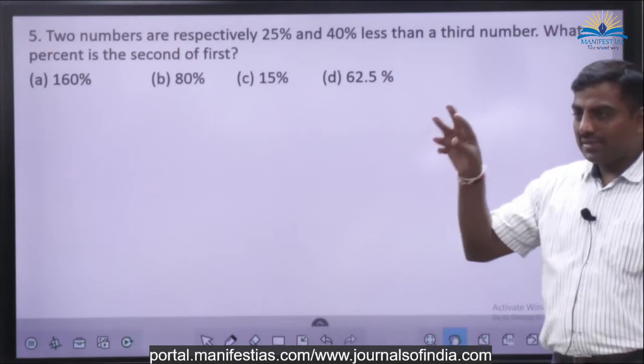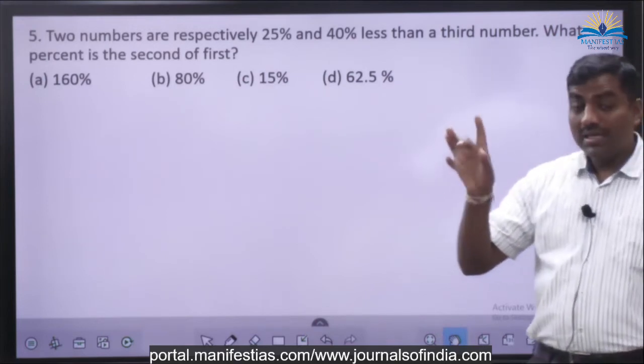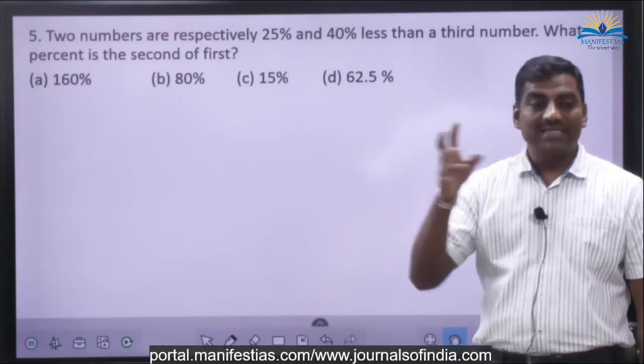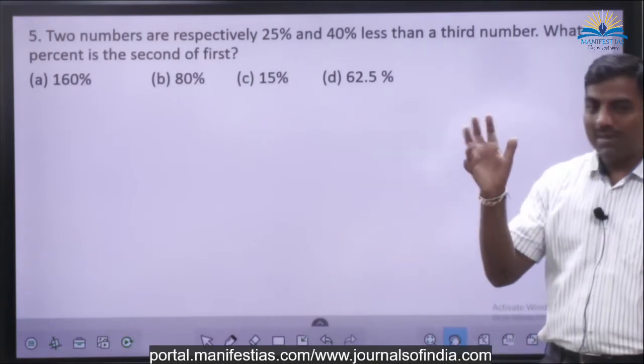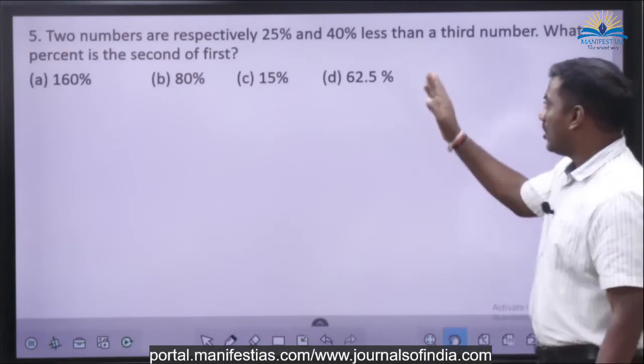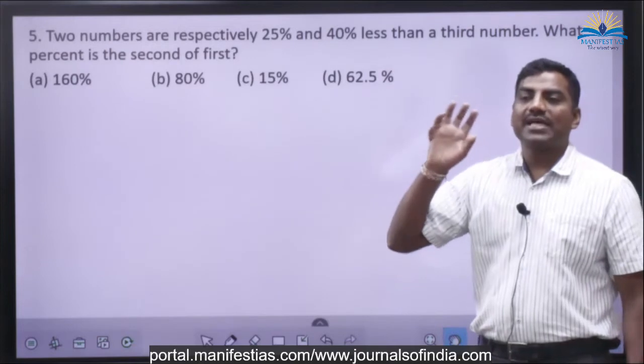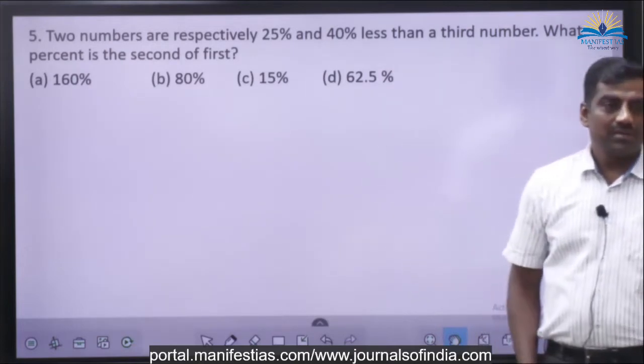I took x, 3 by 4x, 1 by 4x. Here, the first number was very basic, so I took that as a reference variable. Here, among these three numbers, which number has to be taken as a reference number?